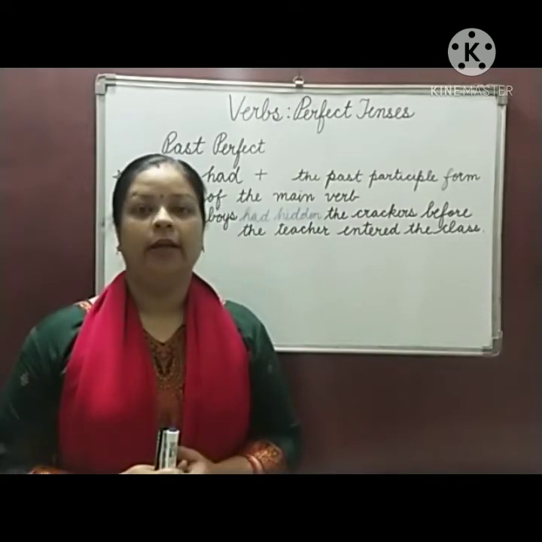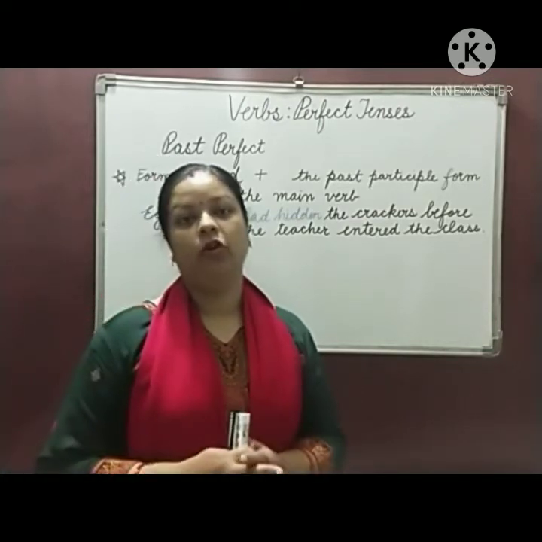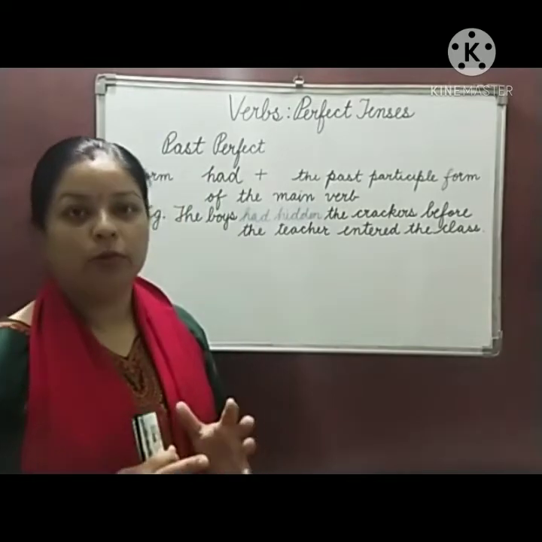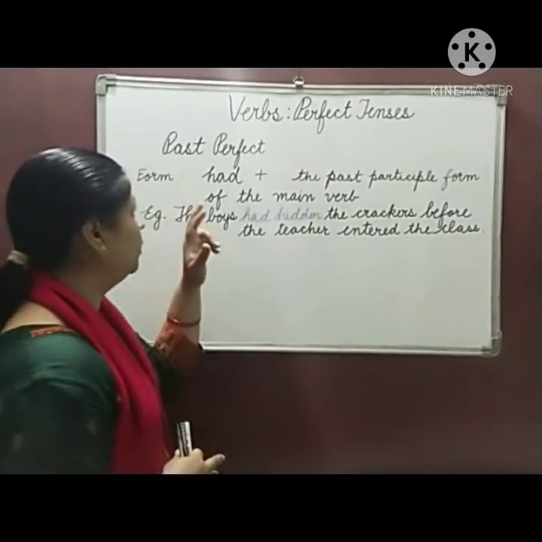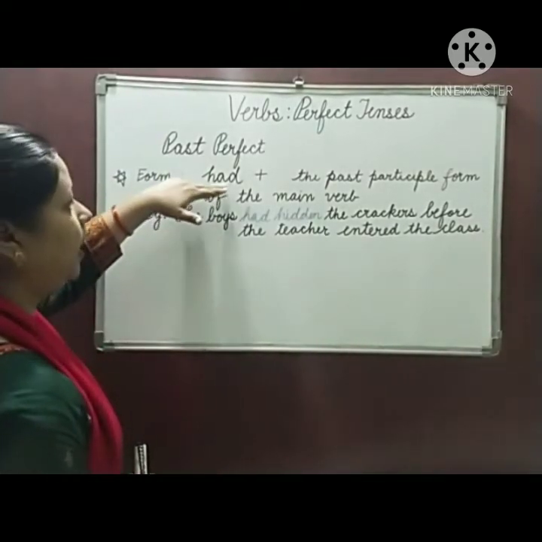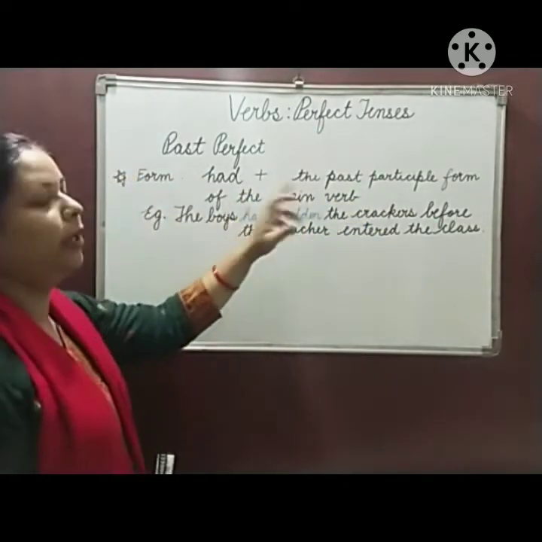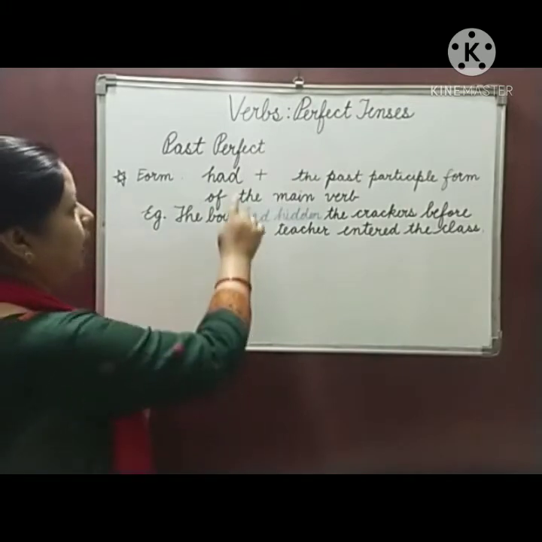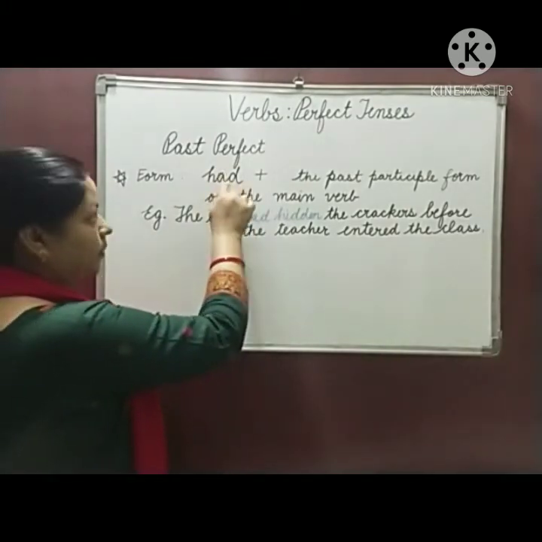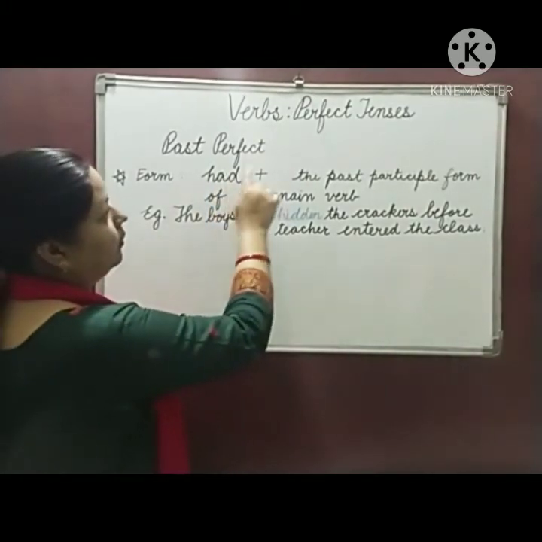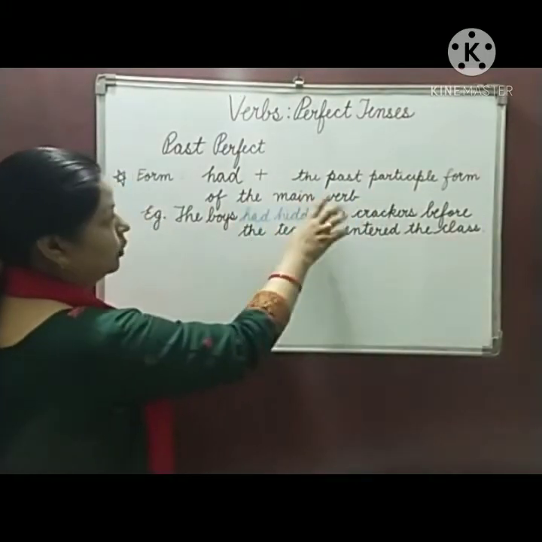So for that, what is the formation of past perfect tense? Past perfect tense is formed with the help of had plus the past participle form of the main verb. So we use had with the subject, and then we add the past participle form of the main verb.